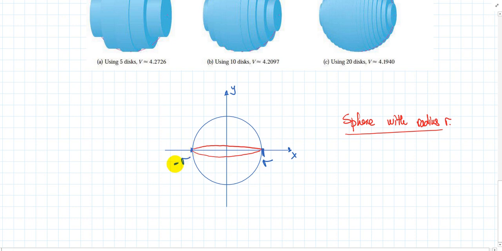If the sphere has the radius R, and its center is at the origin of the coordinate system, then this point will be R and this point will be minus R, because the radius is R. Do you understand this? The distance from the center of the sphere to any point on its surface is equal to R, yes? The point on the x-axis is minus R.